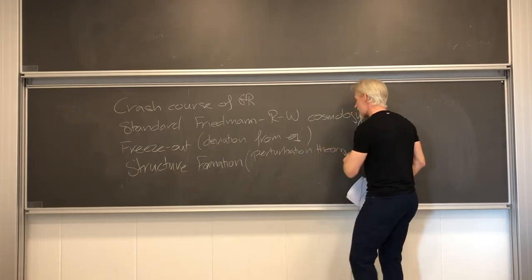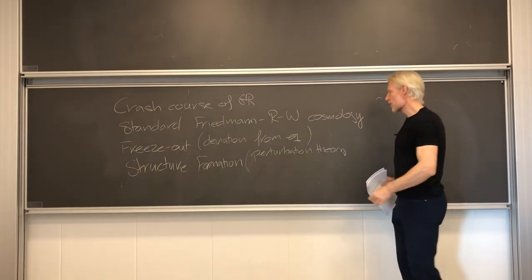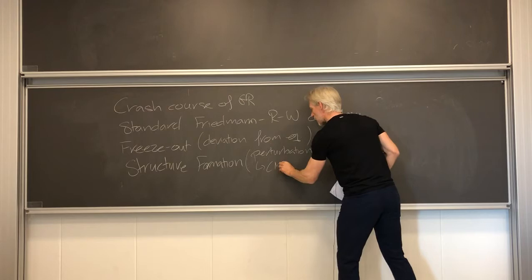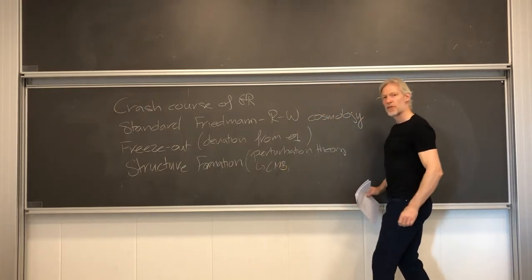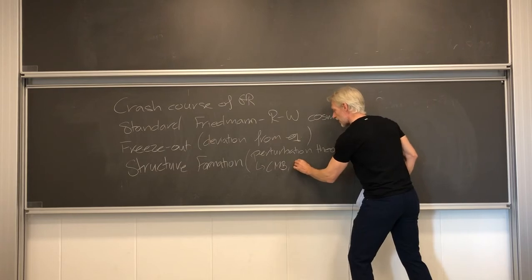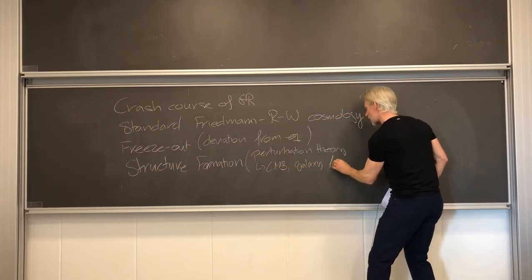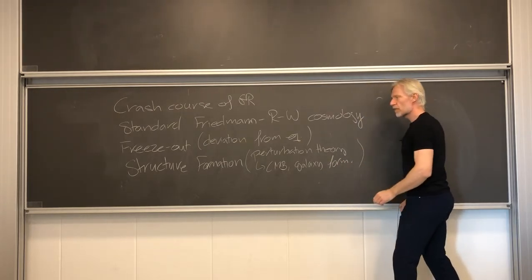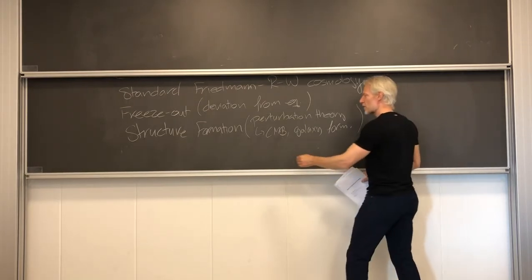Once we have a theory working for these small perturbations, then we can use those, for example, to look at the cosmic microwave background radiation. We can use them to look at galaxy formation and such things.